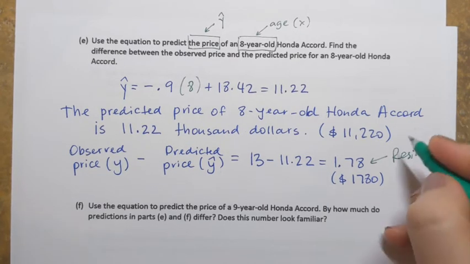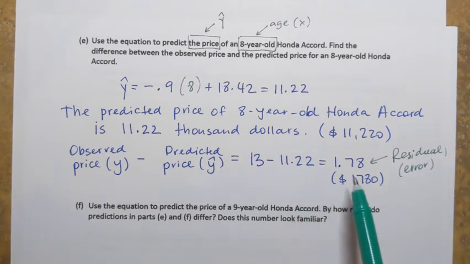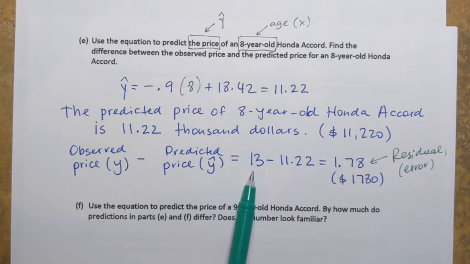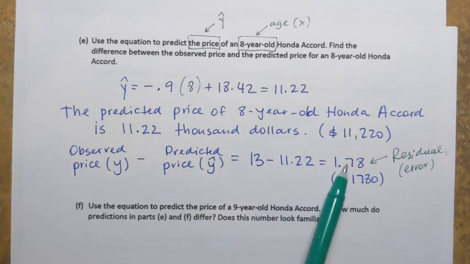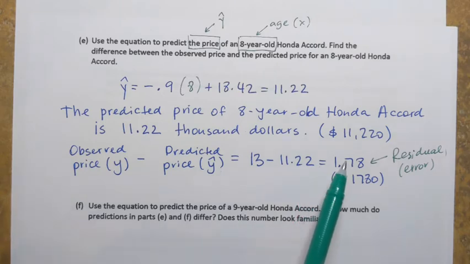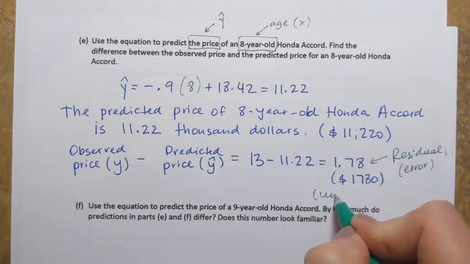And what can we say about our prediction? Is it underestimation or overestimation? If the observed price is $13,000 and the predicted is $11,220, it is underestimation. When the residual is a positive number, we're looking at underestimation. When the residual is a negative number, it's going to be overestimation.